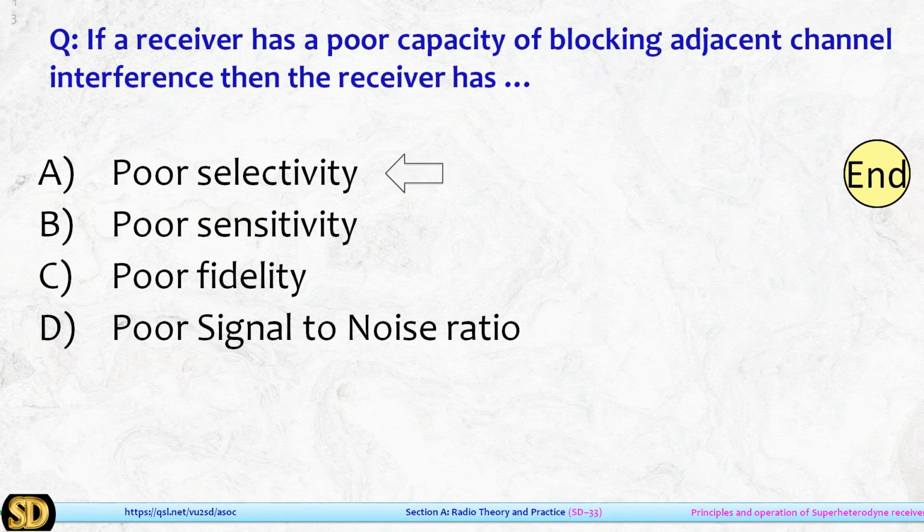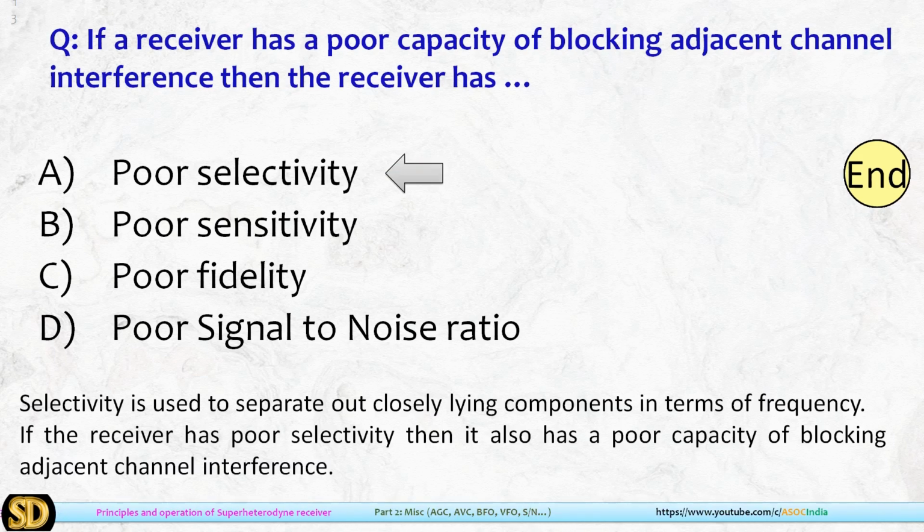It means it is not able to select the desired channel and reject the unwanted channels. In simple layman language, selectivity is used to separate out closely lying components in terms of frequency. If the receiver has poor selectivity, then it also has a poor capacity of blocking adjacent channel interference.